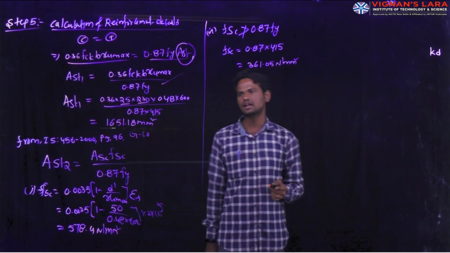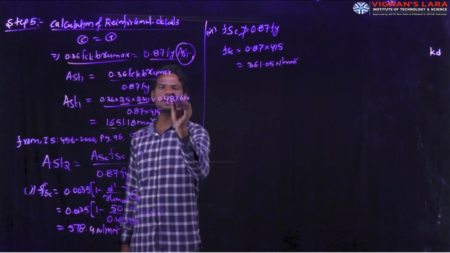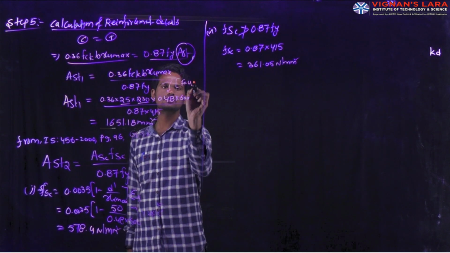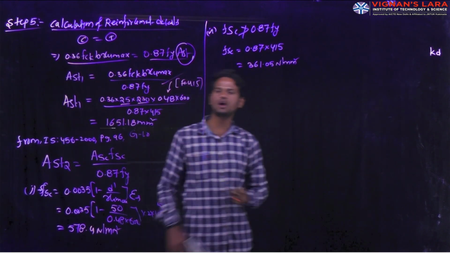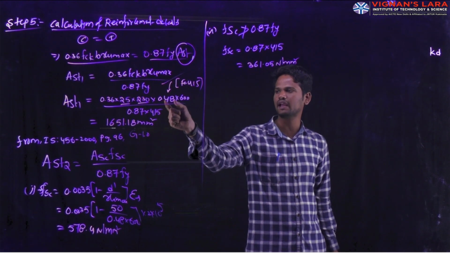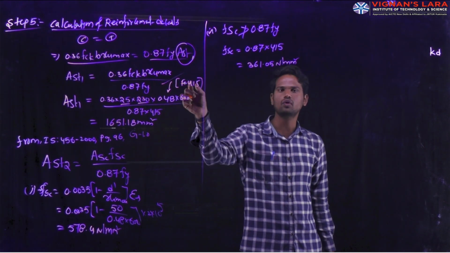For our present condition, for Fe415 grade, the neutral axis constant is 0.48. We are taking 0.48 because our grade of steel is Fe415.